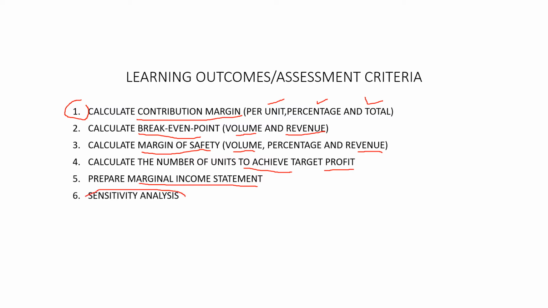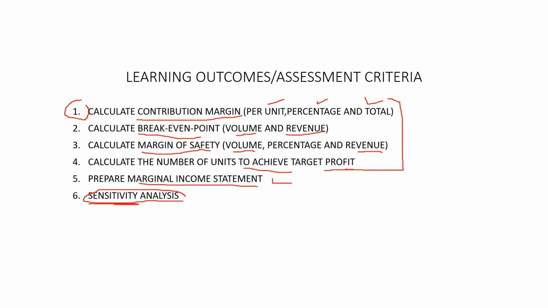Then the last part of the chapter will all be about sensitivity analysis, which means we will be using everything we have done up until here to prepare an income statement. Should there be an increase in selling price, a change in your variable cost, a change in your volume, or a change in your fixed cost? That's what we mean by sensitivity.